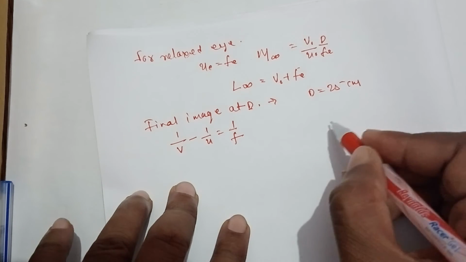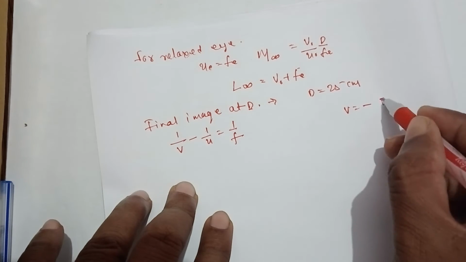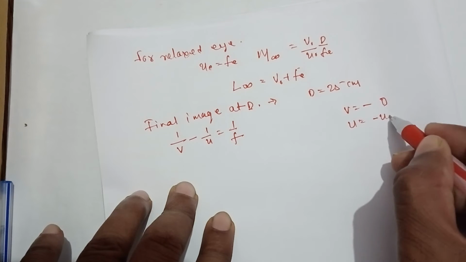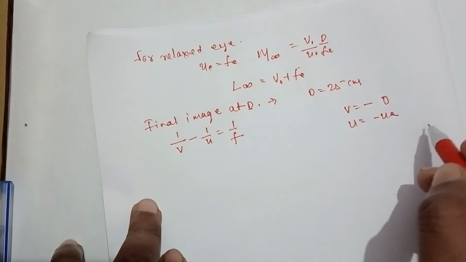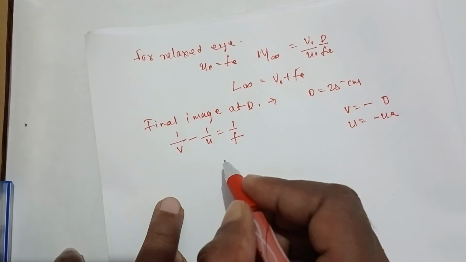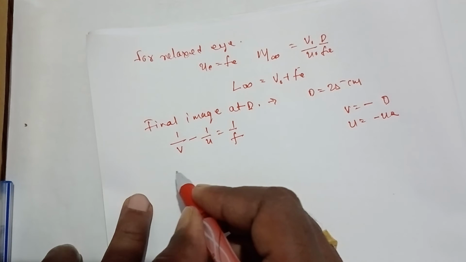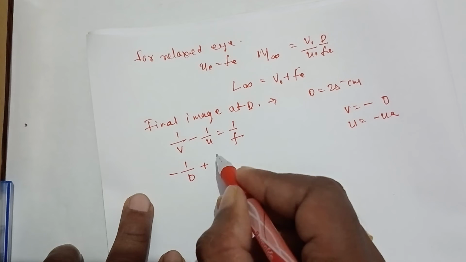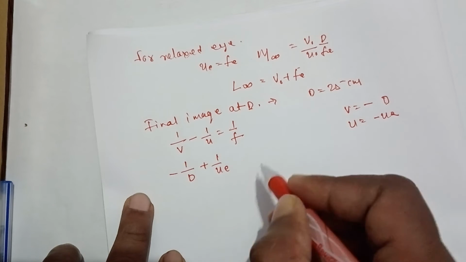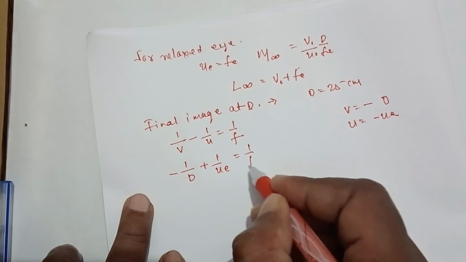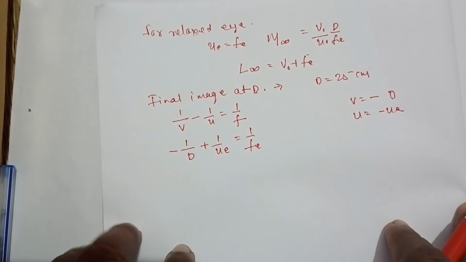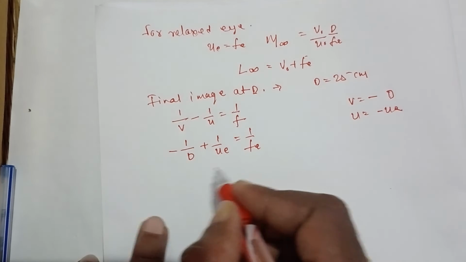In this case V is equal to minus D and U is equal to minus Ue. These things were already discussed in our previous video, so you can rewrite the equation as 1 by minus D plus 1 by Ue is equal to 1 by Fe, right?